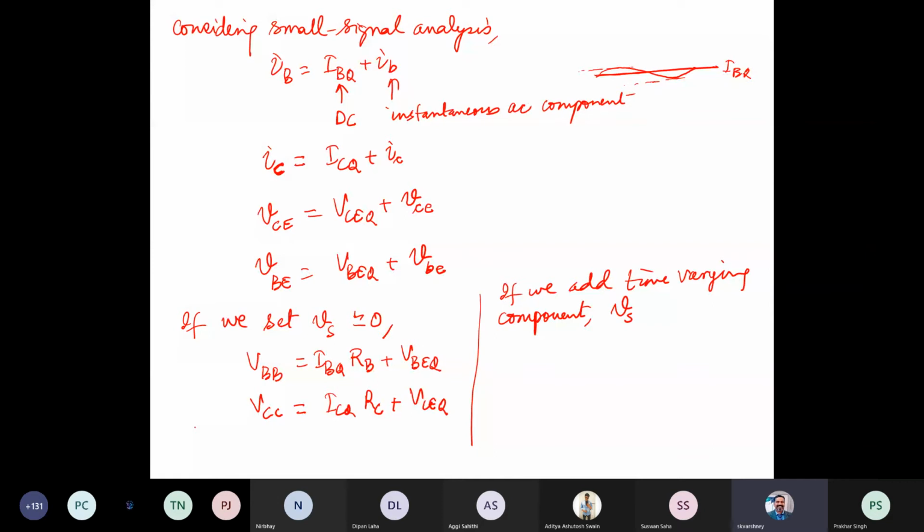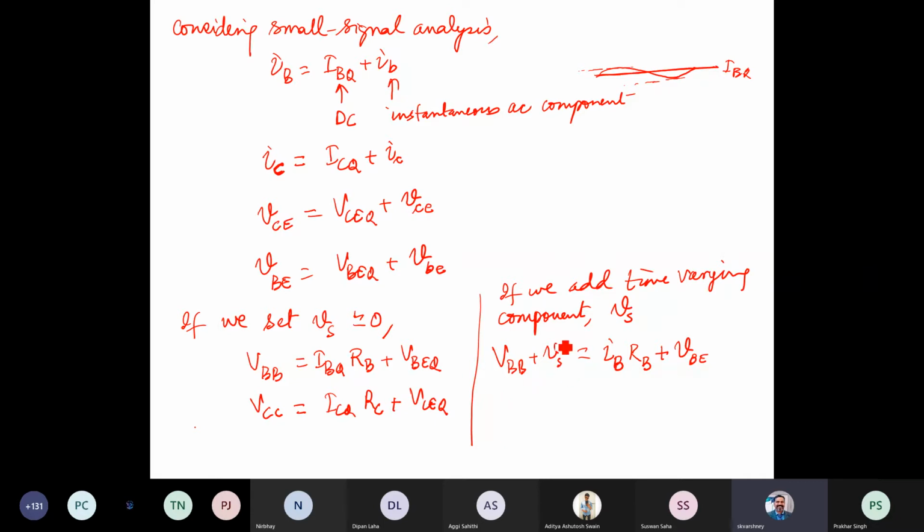So in this equation, we write VBB plus VS should be equal to, please see this now, IB RB plus VBE. Right, so now you can see if we add the time varying component, it should follow.